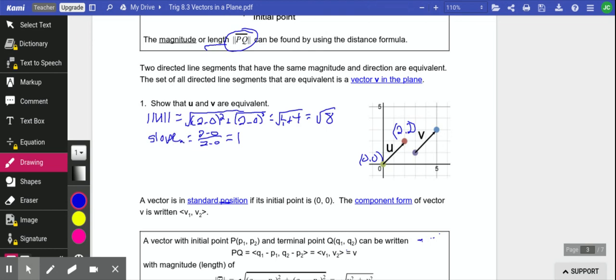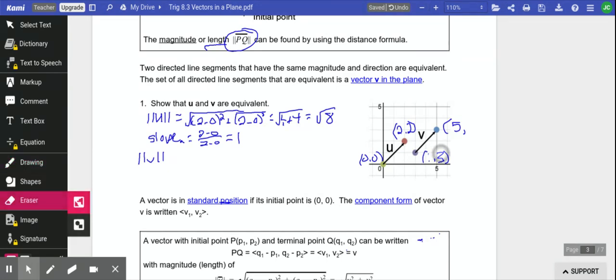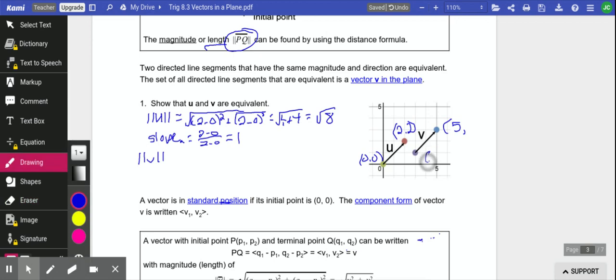All right, we also want to find the magnitude of V. V starts at the point (3, 1) and ends at the point (5, 3). Okay.